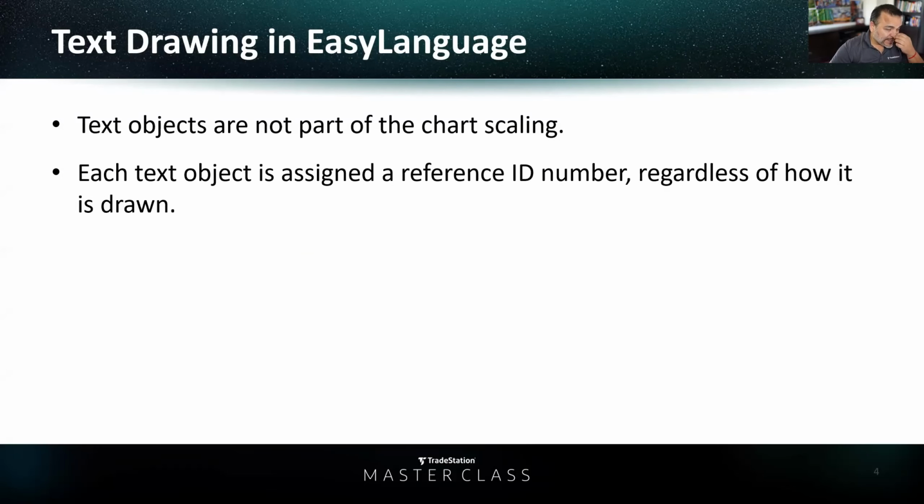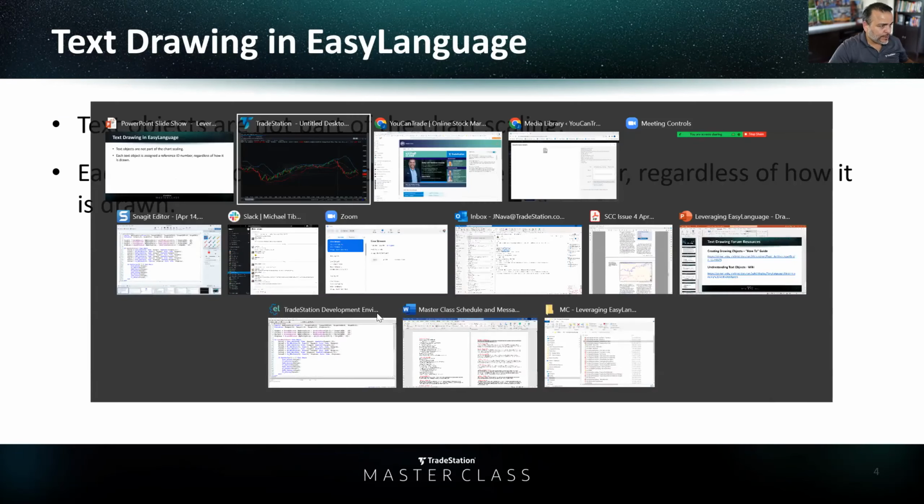Text objects are assigned a reference ID number, regardless of how it's drawn. So for the hand-drawn text objects and the ones that are drawn programmatically, they all will have a specific ID. Let me show you. Let me come here to TradeStation.